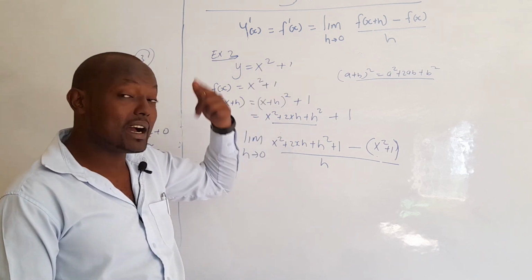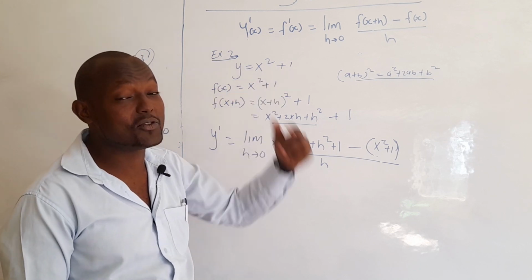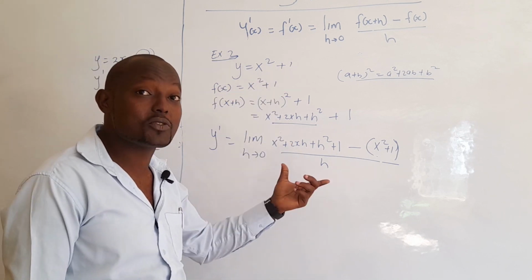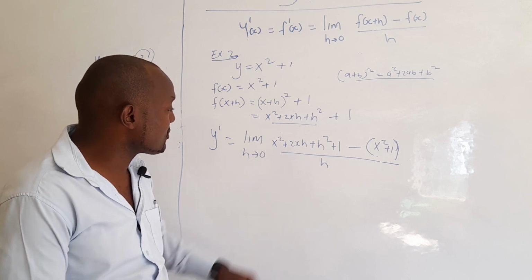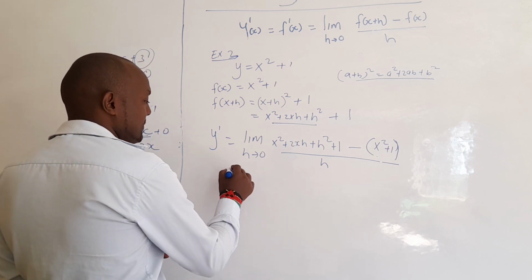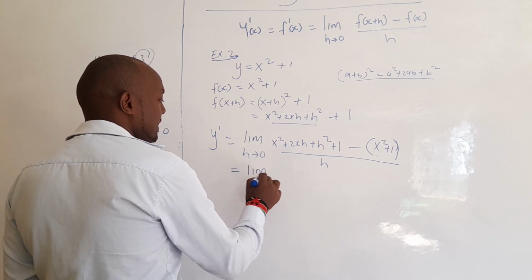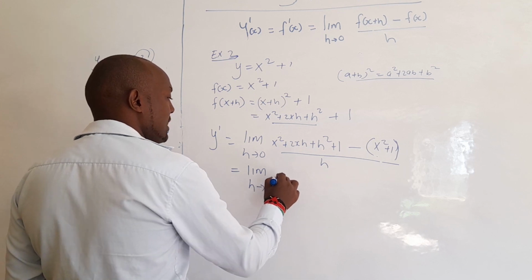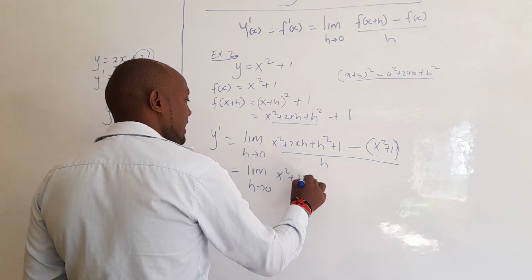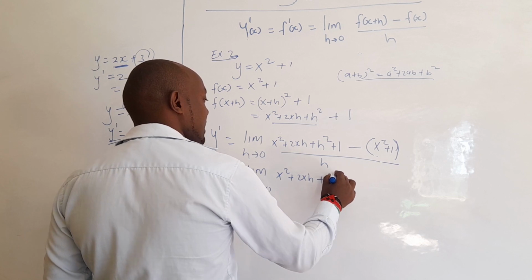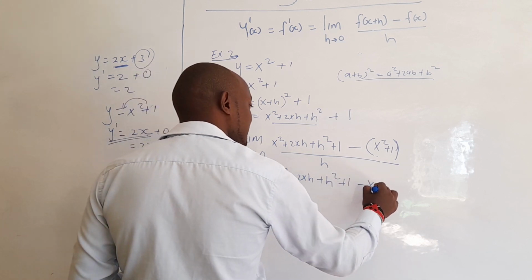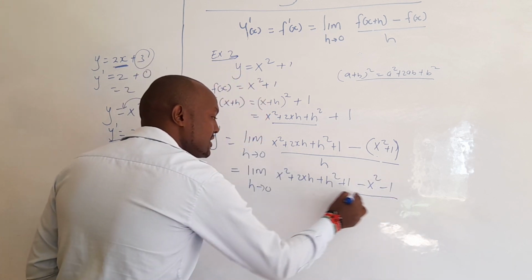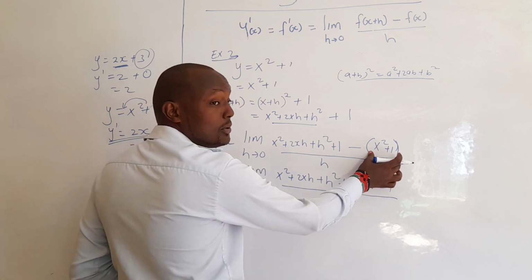Remember, with this one, back in our mind, we know automatically we will get 2x. But how do we solve that one? So with this one now, you can open the bracket. You'll have the limit as h approaches 0 of x squared plus 2xh plus h squared plus 1 minus x squared minus 1. Remember, that's why the bracket is important.